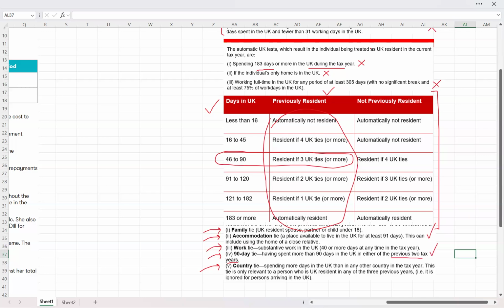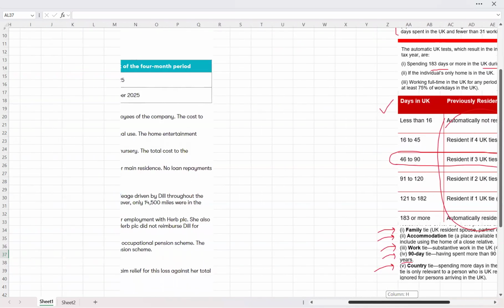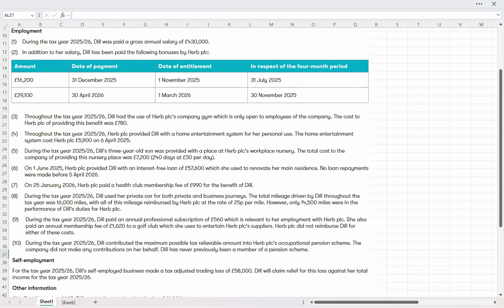Yes, students, I hope we are comfortable and we can explain that Dill required 3 UK ties to be considered a UK resident. However, Dill only has 2 ties, the accommodation tie and the 90-day tie. So we come back to the question here.